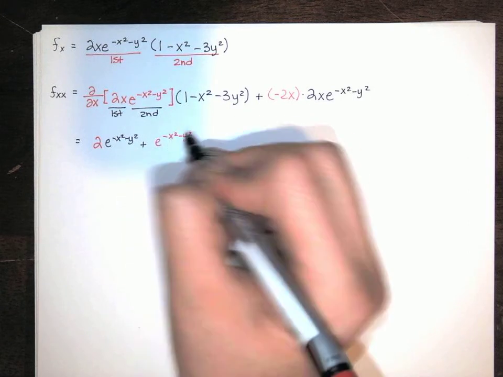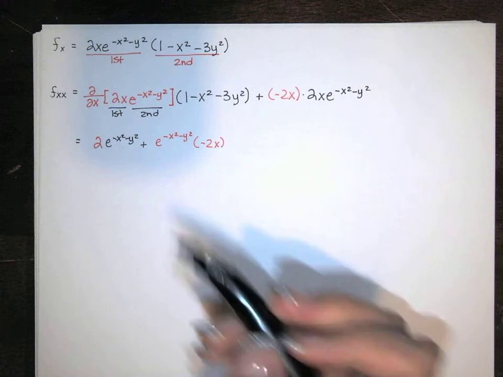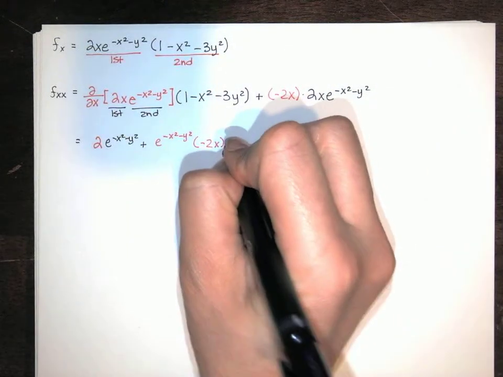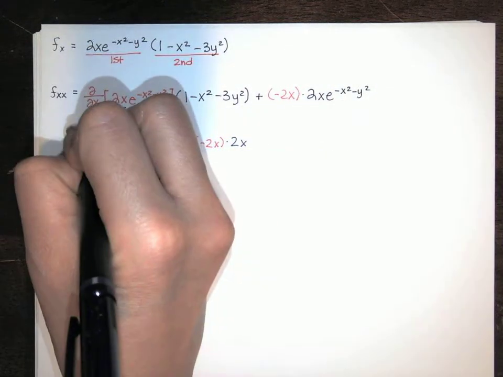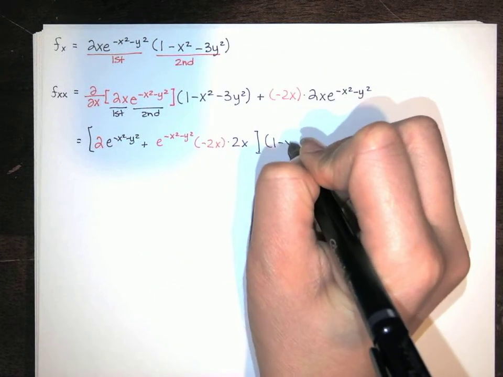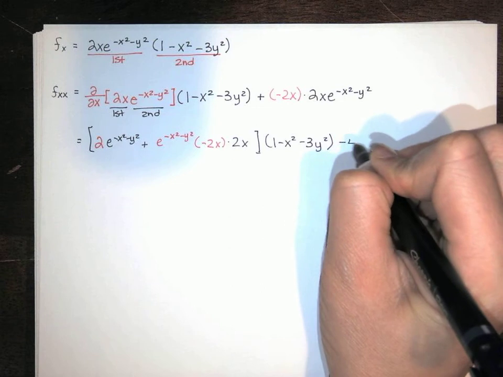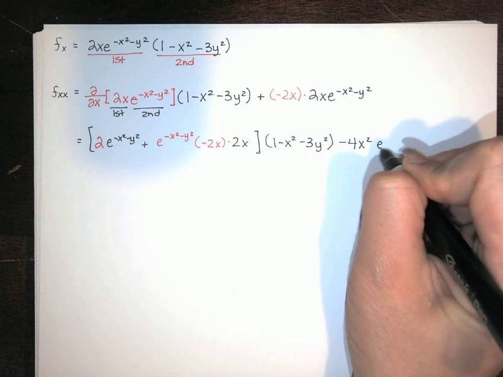And the derivative of this with respect to x, treating y as a constant, is just negative 2x. That's the derivative of the second times the first. Remember, all of that is multiplying all of this. And this over here simplifies to negative 4x squared times the exponential.